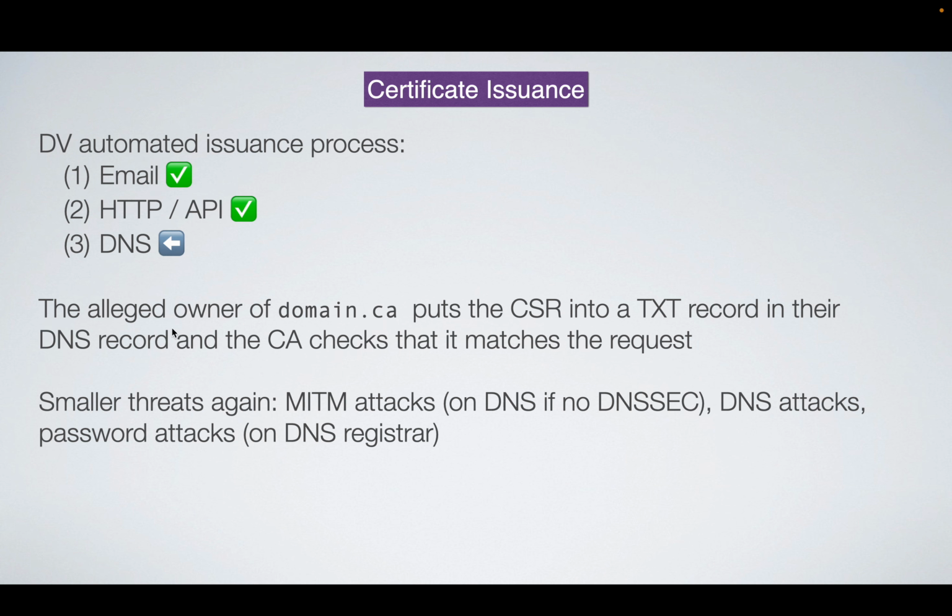Now, how would you attack this? You could attack it by attacking DNS. So you attack the record or the username and password that protects the record. You could try and man in the middle the CA talking to its own DNS. Okay, man in the middle works on DNS unless DNSSEC is used, but not everyone uses DNSSEC.